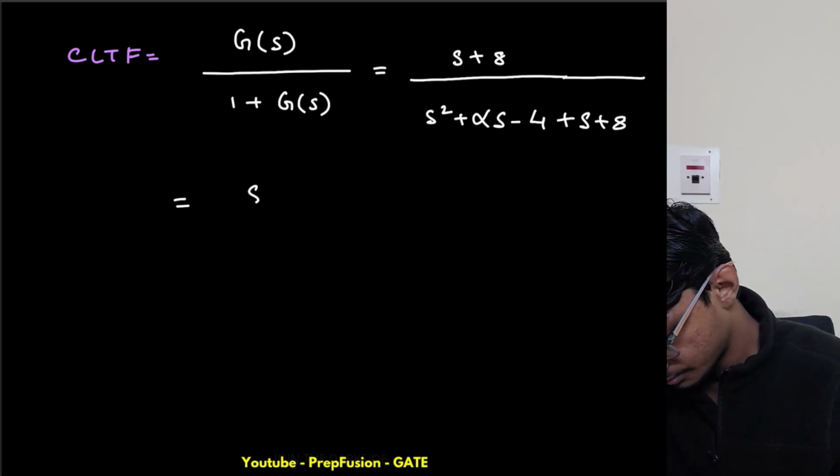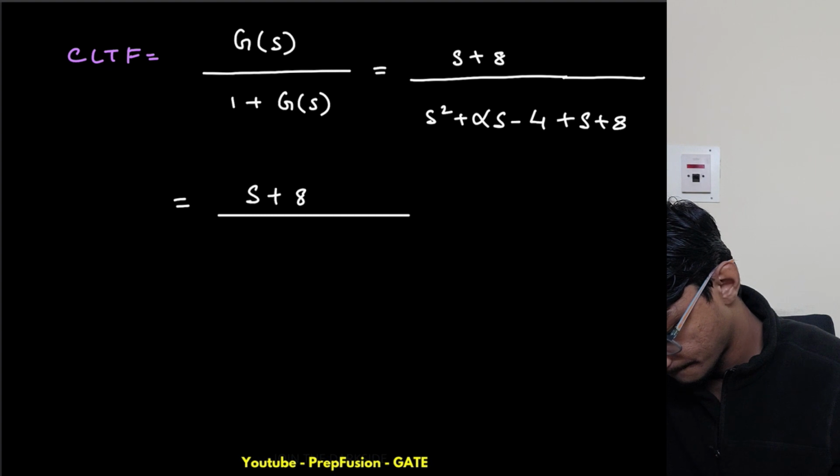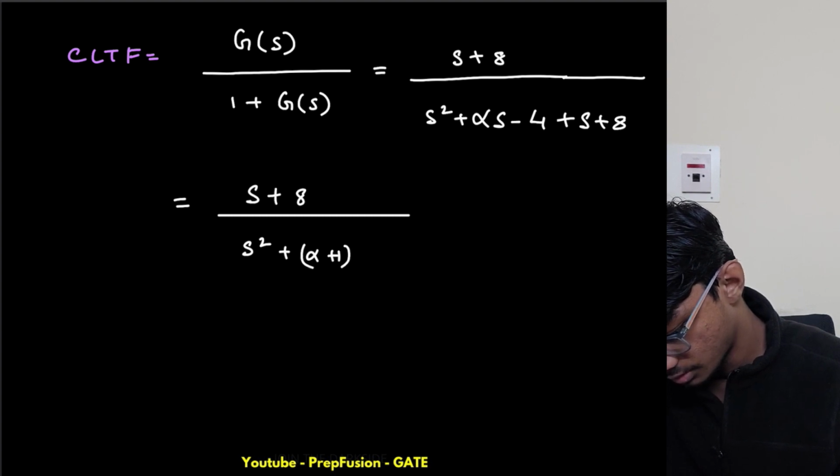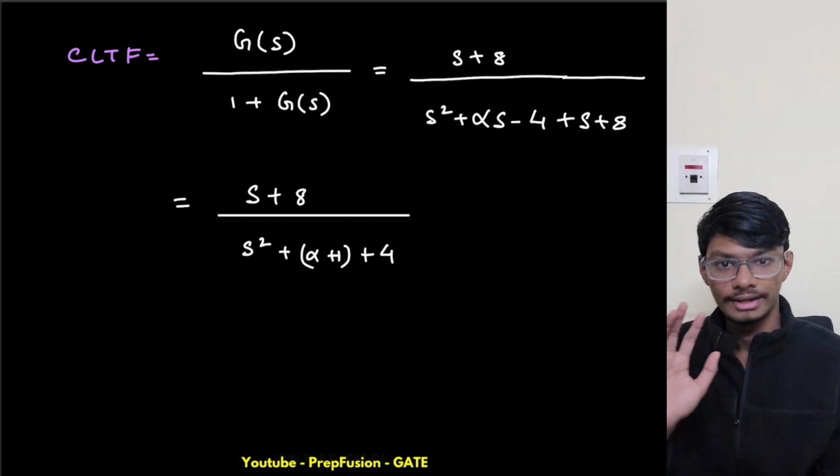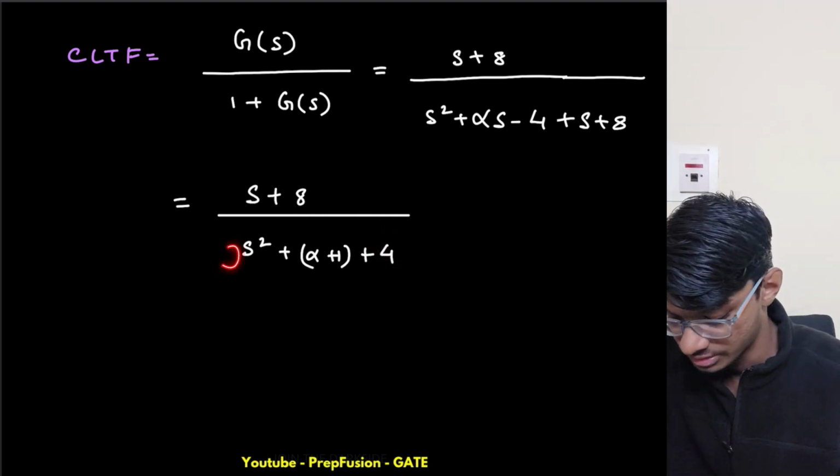So this becomes S plus 8 over S square plus alpha minus 4 S plus 8, which is S square plus (alpha minus 4) S plus 8, that becomes S square plus (alpha plus 1) S plus 4. So now I can see that this term has become positive and this is also positive, right?